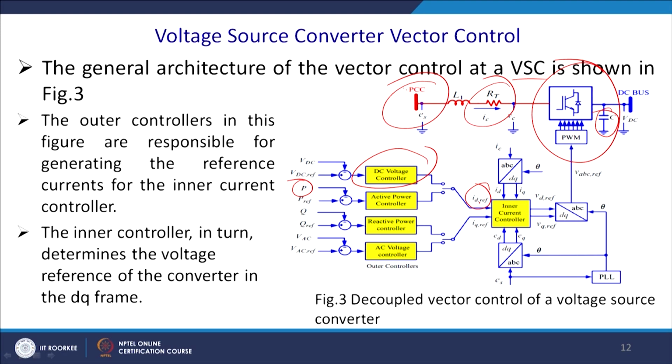In the same way you will have a Q reference, and because you may not be allowed to take the current at unity power factor, you may be allowed to take the current at some power factor prescribed by you. So, you may be penalized for doing that, and for these reasons you will have these issues also.